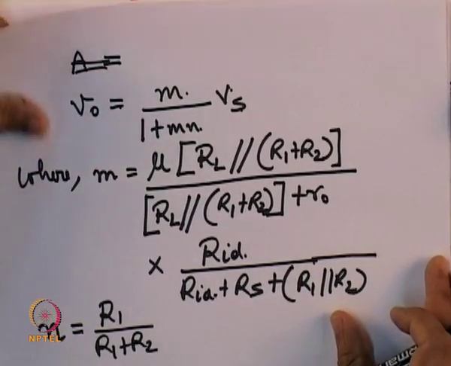Now, another effect of feedback which I did not discuss in the previous module is that the output and input impedances are also modified, depending on the kind of feedback that is provided.